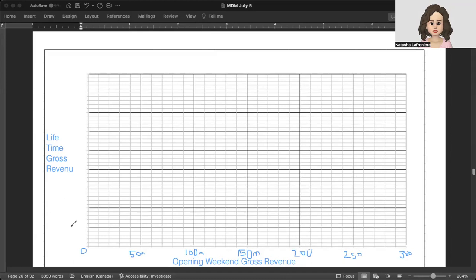And then on this side, we'll do it by 100 million: 100, 200, 400, 500.